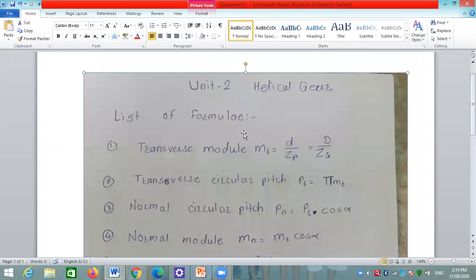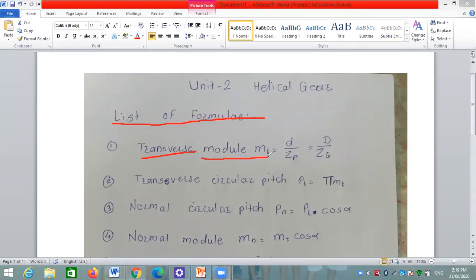Okay, so here is the list of formulas regarding the helical gear. We will see them one by one. First, the formula for transverse module.